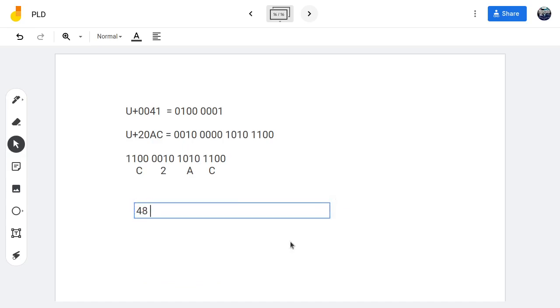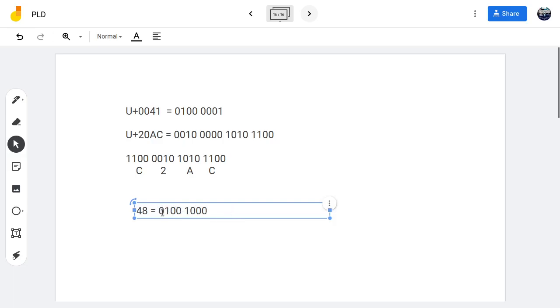Now 4 8 will simply be 0 1 0 0 and 1 0 0 0, right? So knowing the rule that this is a continuation byte, I think for 8 will be 4 8.